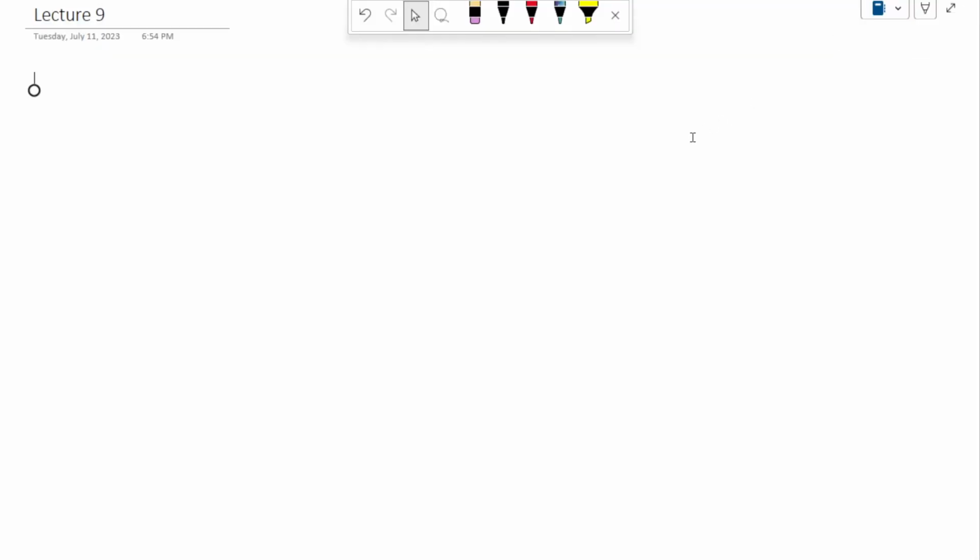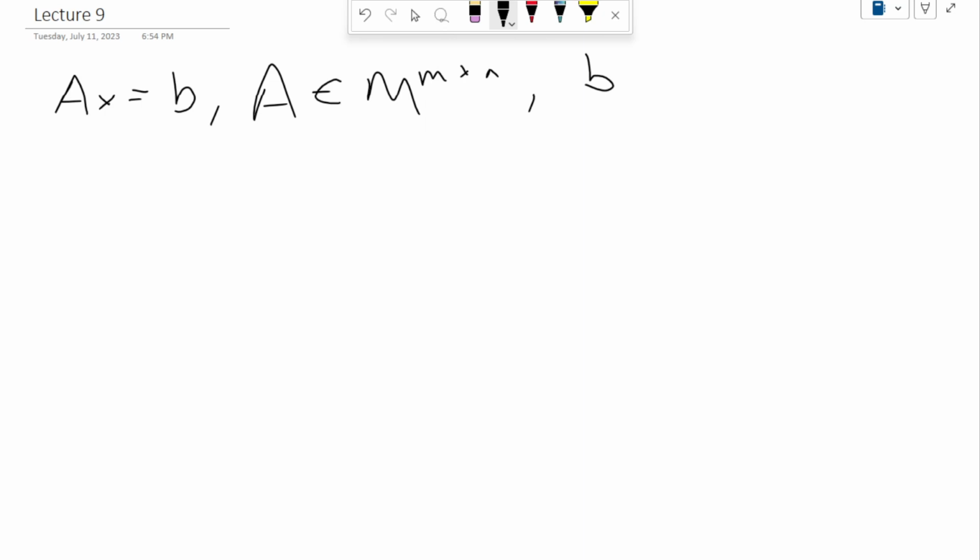Let me just get my full page drawing thing going. Okay. So last time we talked about solving systems of linear equations. In particular, we looked at equations that look like Ax = b, where A is going to be a matrix, and b is going to be a vector in R^m.